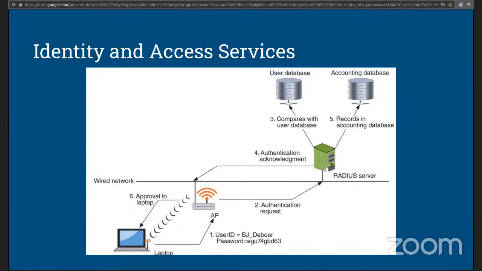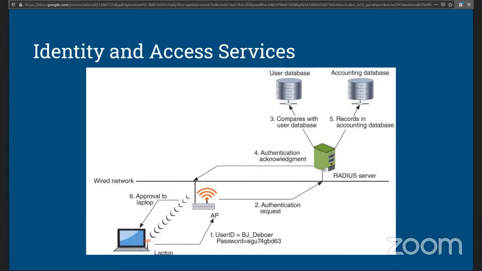The client goes through this 6-step process of sending in the user and password, getting an authentication request, getting that compared with a database, the acknowledgement sent to the access point, the record being kept, and the approval arriving to the laptop so that the device can join the network.